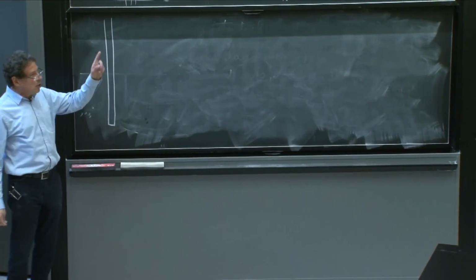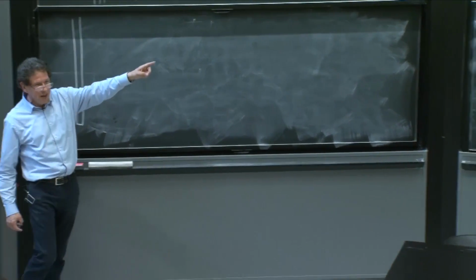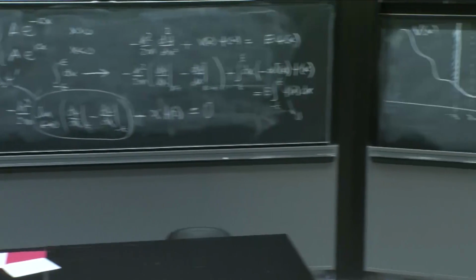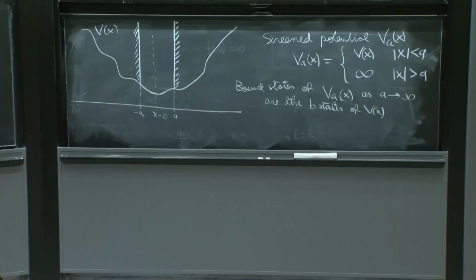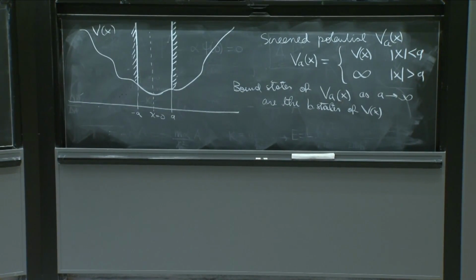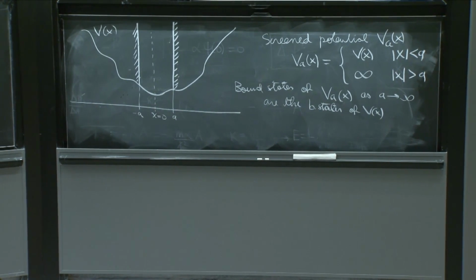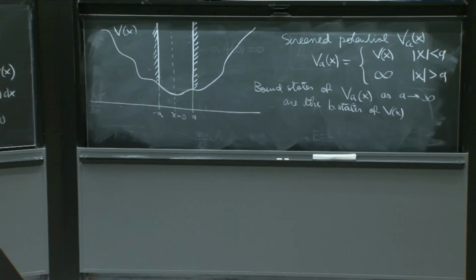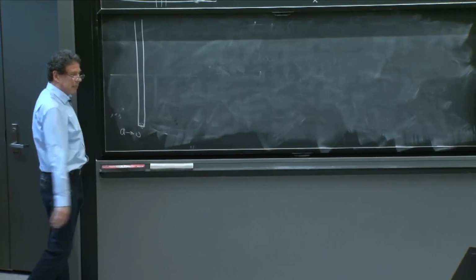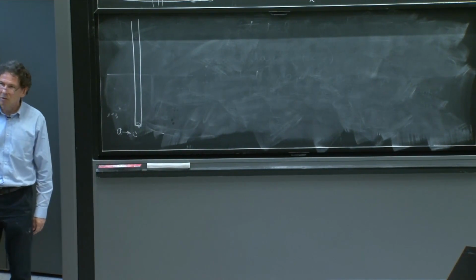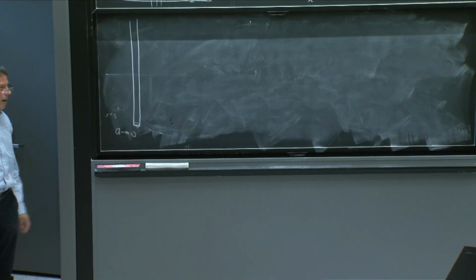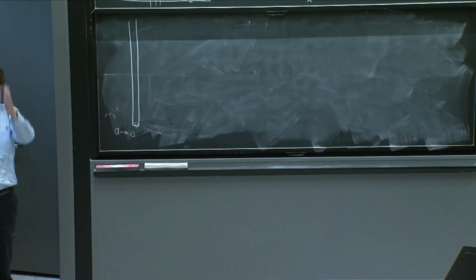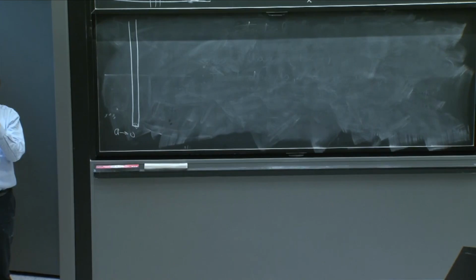And then I can use the states of the infinite square well potential. As a goes to 0, you have a ground state with no nodes, a first excited state with 1 node, and all the states have the right number of nodes, because they are the states of the infinite square well, however narrow it is.